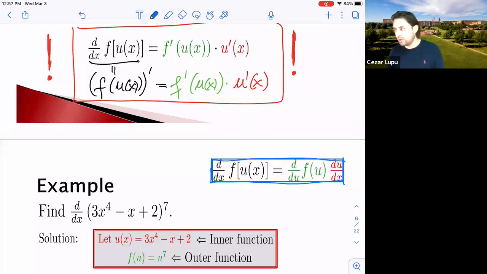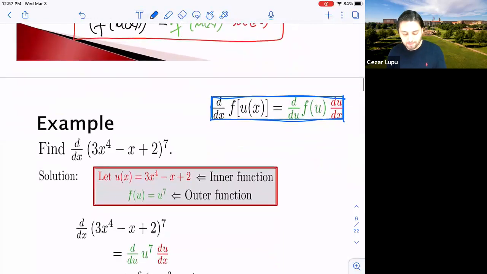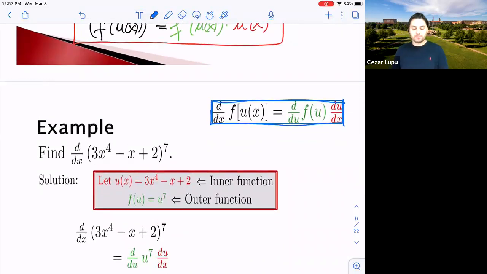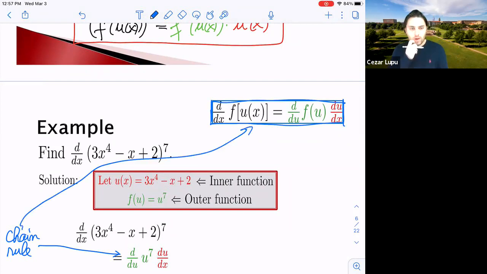So once we apply this, we have the following. f of u again is u to the 7th. So once we apply the chain rule, this will be the derivative with respect to u of u to the 7th times the derivative with respect to x of u of x.